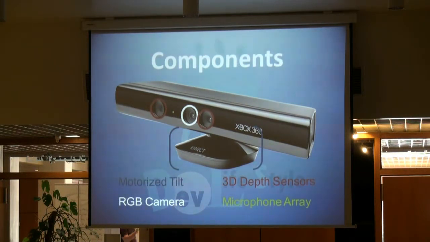So there is an illumination source and a camera, but it's working on the IR level. And we have a microphone array, one on the side and three on the other side. So they have echo cancellation. You have directed audio, so you can detect the direction of the audio, where it's coming from.